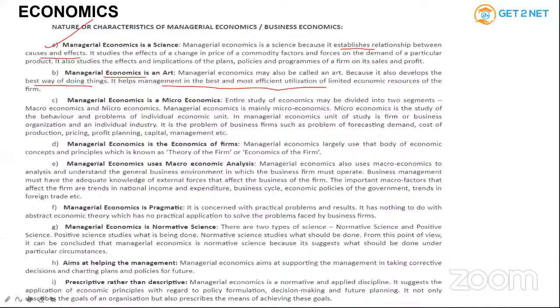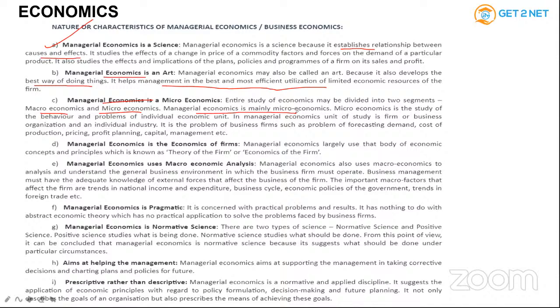Managerial economics is a microeconomics. Why is it known as a microeconomics? Now see, two categories we can divide, macro and micro. Mainly managerial economics is related to micro. Now what is micro? Micro means when we are targeting an individual economic unit. That is known as microeconomics.